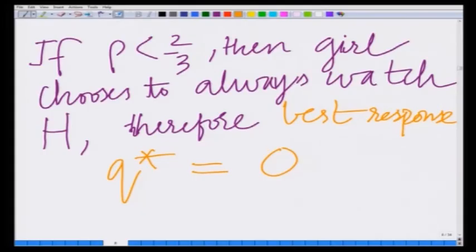If p is less than 2 by 3, then best response q star is equal to 0, which means she is never watching cricket, she is always watching the Harry Potter movie, because watching the Harry Potter movie gives her a higher payoff compared to cricket.